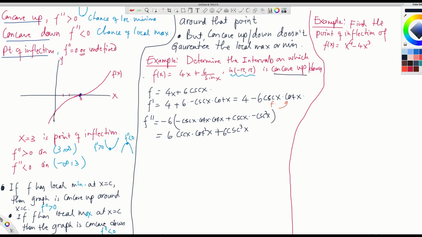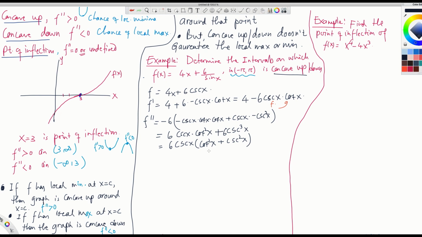So can you factor out something or no? Yes, we can. Let us factor out 6 cosecant x. What is left is cotangent squared x plus cosecant squared x.